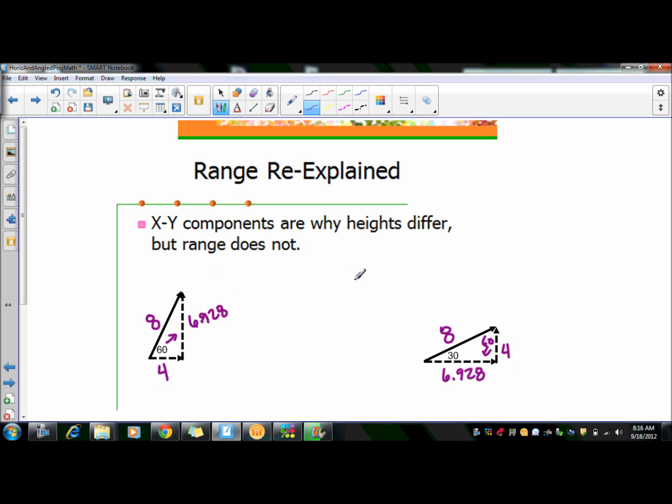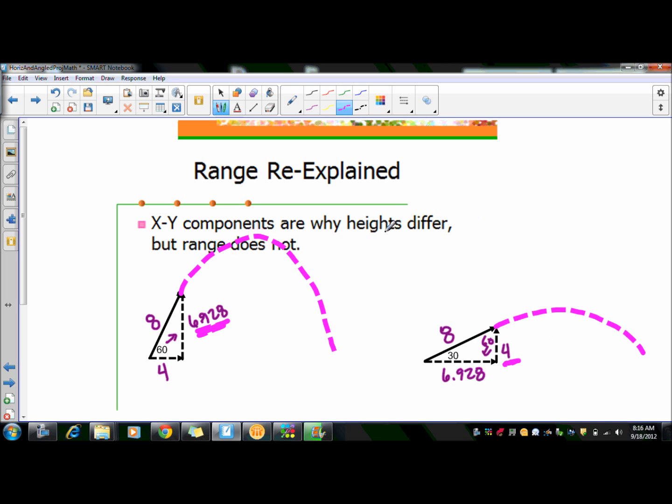So if we were to look at these in terms of what their paths would look like, let's use a different color. This one would go up and then back down. This one would go outward more and come back down. So see how there's a larger vertical velocity, which means it goes higher. A smaller vertical velocity means it goes lower.